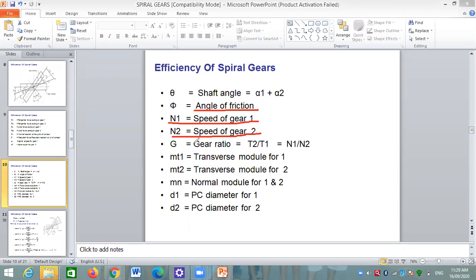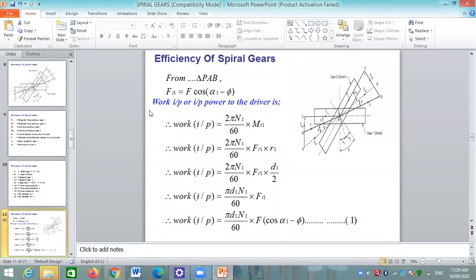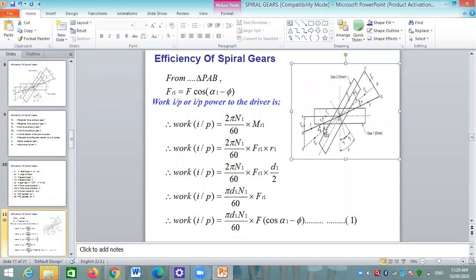D1 is the pitch circle diameter for gear 1 and D2 is the pitch circle diameter for gear 2. Then first of all I will copy this.